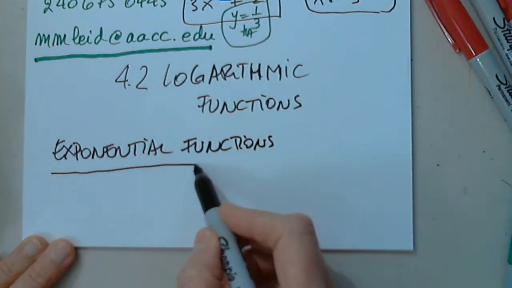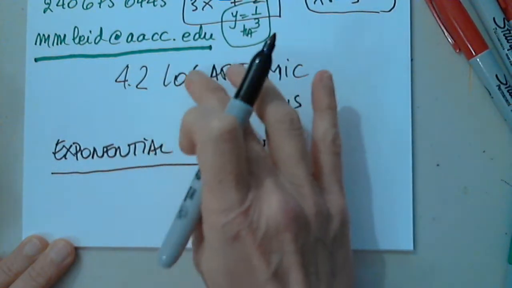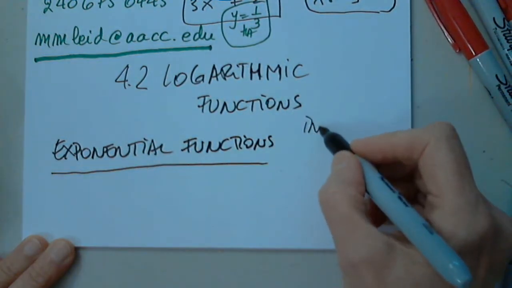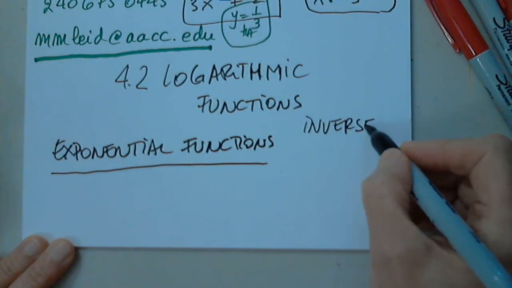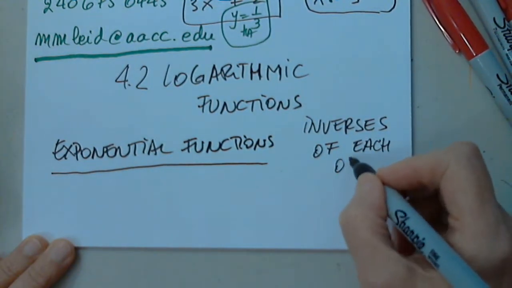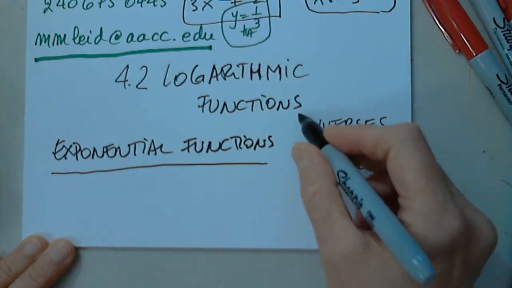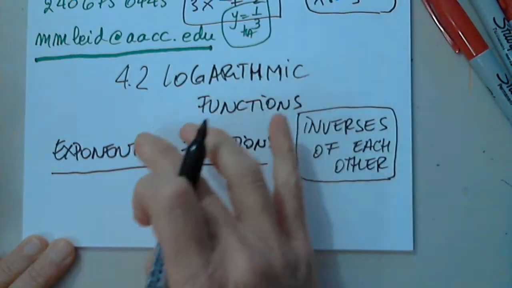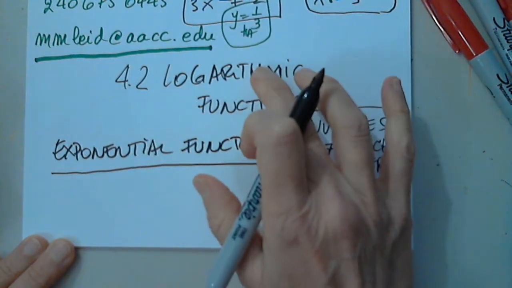You probably know why these two functions are in the same chapter. And the reason is because they are inverses of each other. The log function is the inverse of exponential. The exponential is the inverse of log.